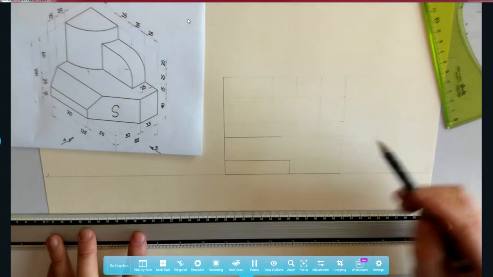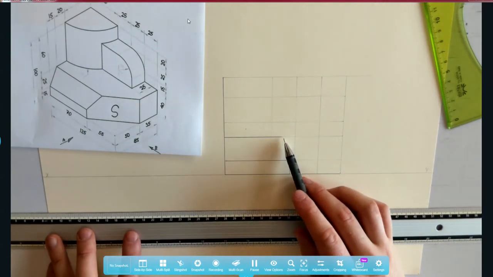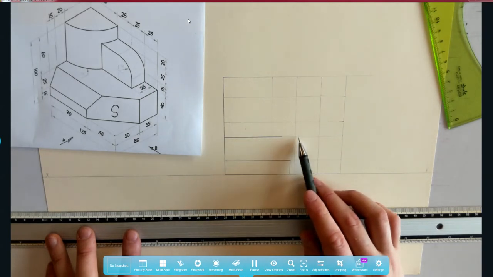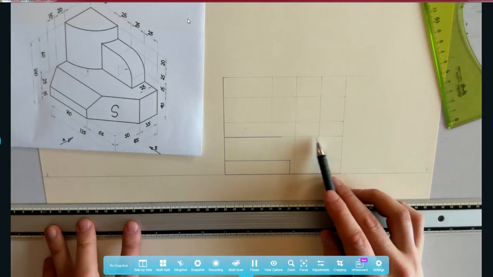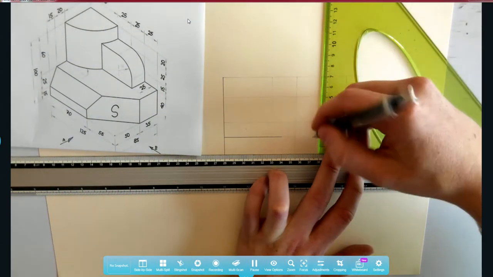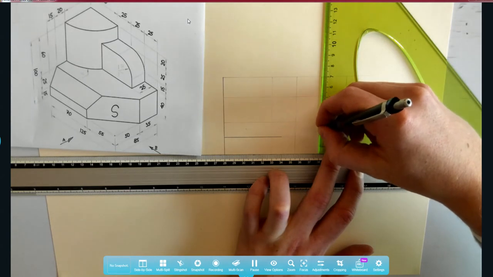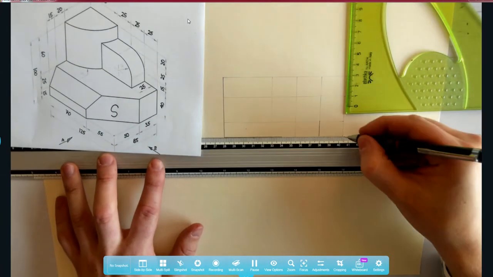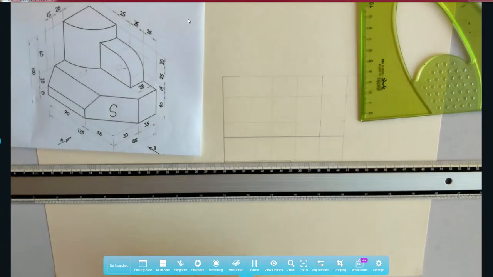The next firm line then I know is going to be in 25 here and up 15. Sorry, we can actually send this one all the way across the page. Okay, up 25. Compass then.